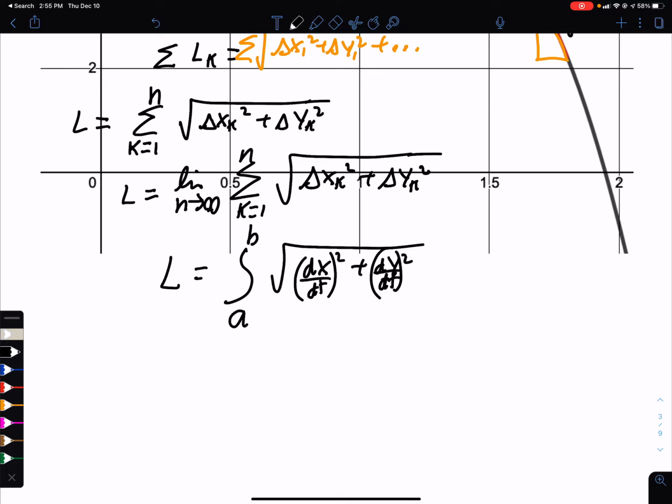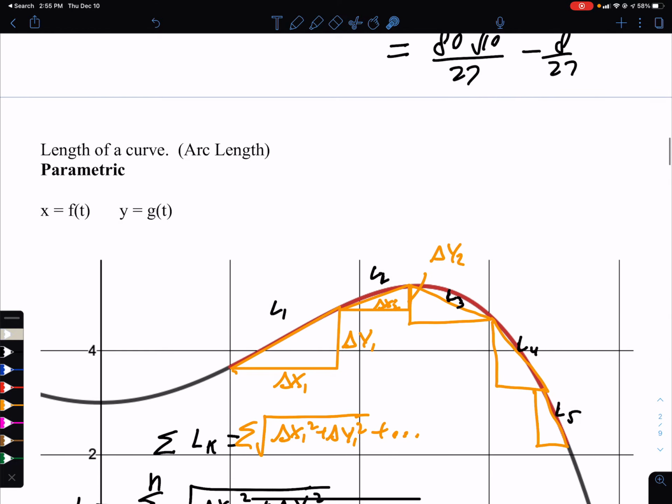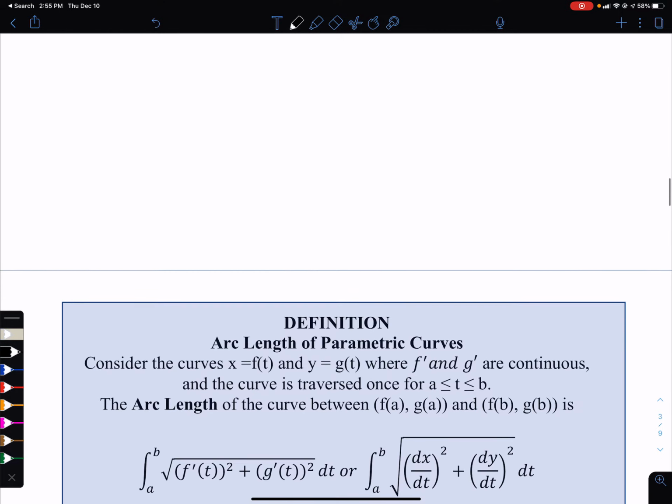I didn't fully explain all the little details, but you get the picture. It's going to be change in x, change in y. But change in x, when it gets really small, is the derivative of x, which is dx/dt. Change in y is derivative of y, which is dy/dt. So that is our formula for the arc length of parametric curves.